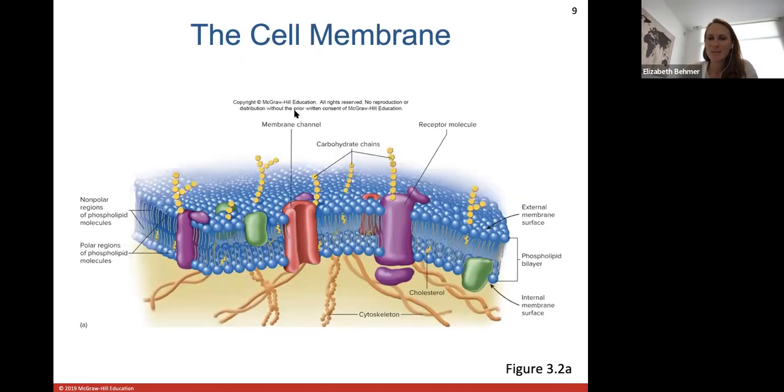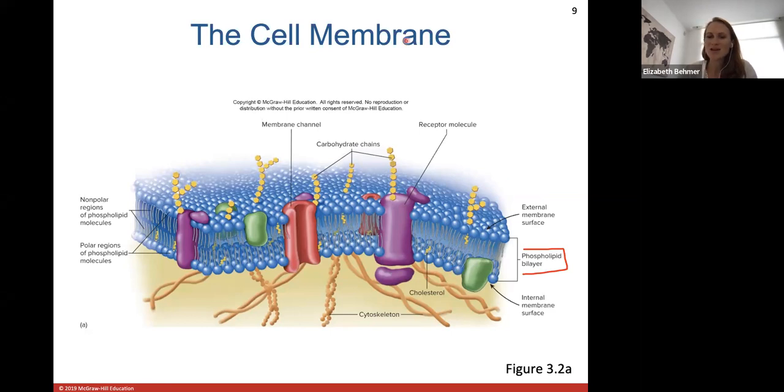So here we have the cell membrane structure, and I'm just going to focus your attention on the phospholipid bilayer first. It's two layers of these phospholipids. You can see a layer at the bottom and a layer at the top. The blue head is polar hydrophilic, so it loves water. The heads of these phospholipids will always face the exterior of the cell up here where there will be water, and the second layer's polar heads will face inside the cell where there will be water.